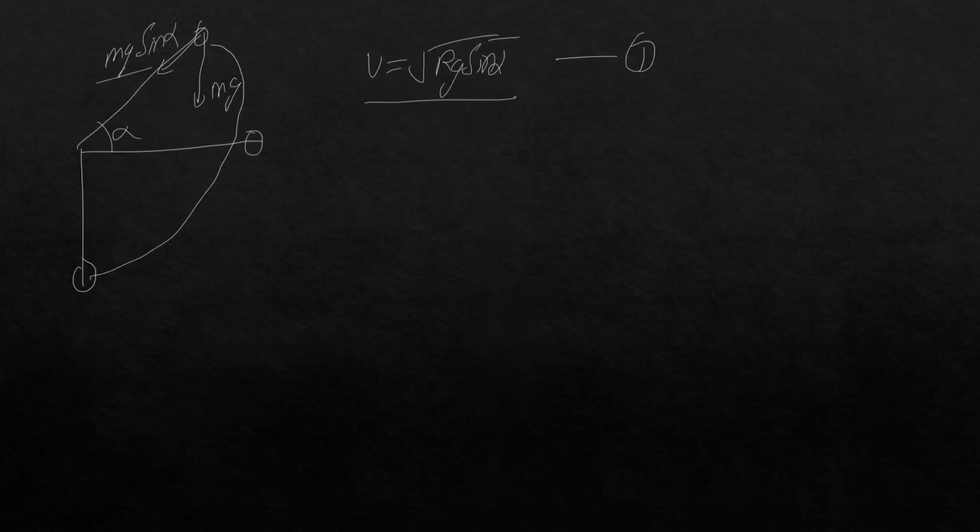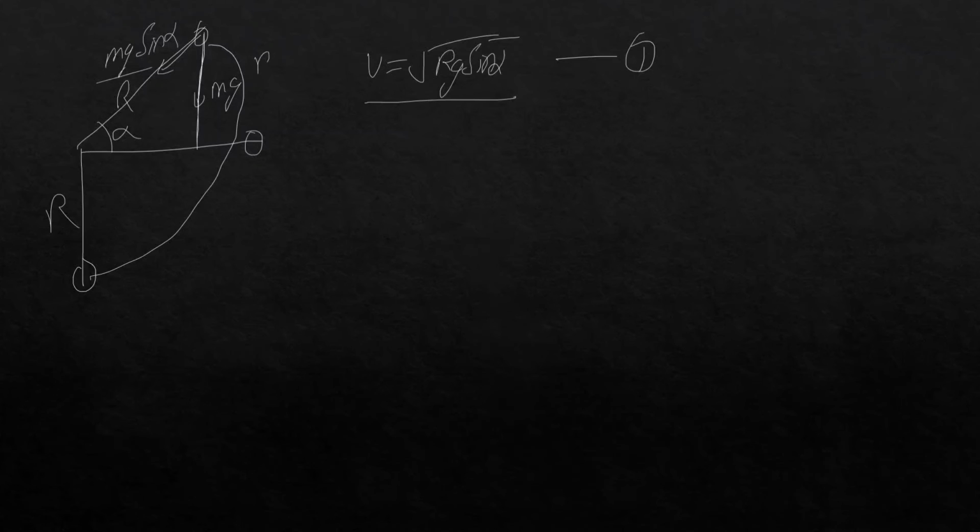So, a fresh page, we are going to use the work energy theorem, and this is alpha where it leaves the surface, and this is mg, and this is mg sin alpha. We have got the relation between v and alpha, that is rg sin alpha. Now we are trying to find one more relation between v and alpha, so for that we use the work energy theorem. So this is r, and what is the length of this?